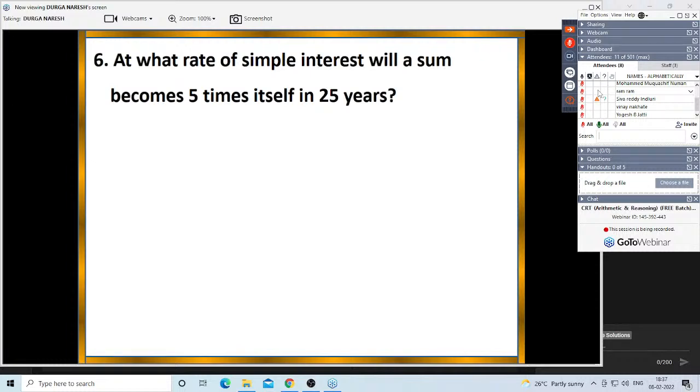At what rate of simple interest means we have to find the rate of interest, the R value. But to find the R value, what is required? To find the R value, SI, P and T are required.